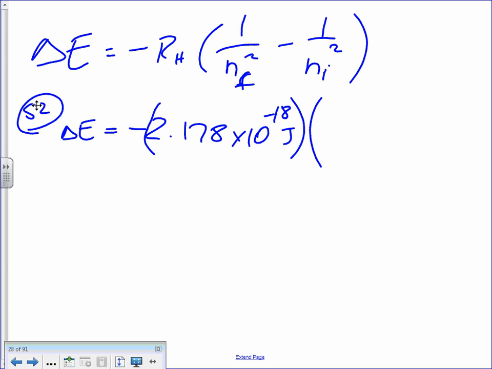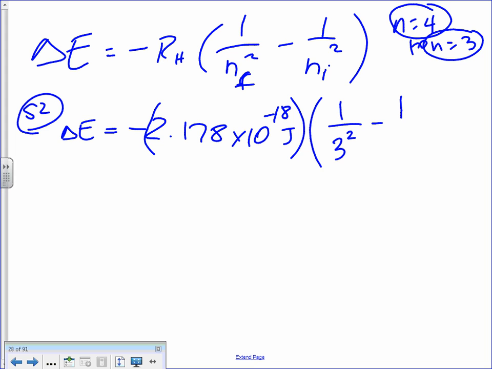What is the final energy level? 3, because it says from energy level 4 to 3. So energy level 3 is our final, so we'll do 1 over 3 squared minus 1 over our initial of 4 squared.